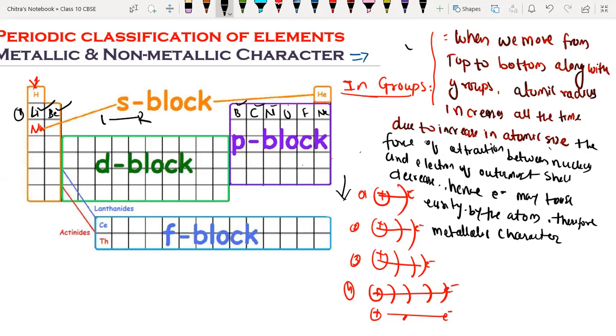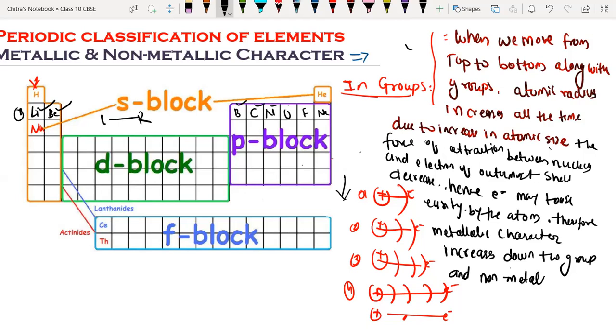Therefore, the metallic character increases down the group. This happens for all the groups. Metallic character increases down the group, which means non-metallic character decreases.